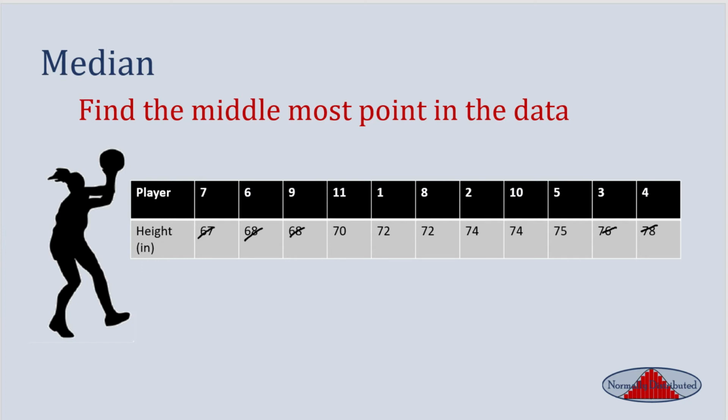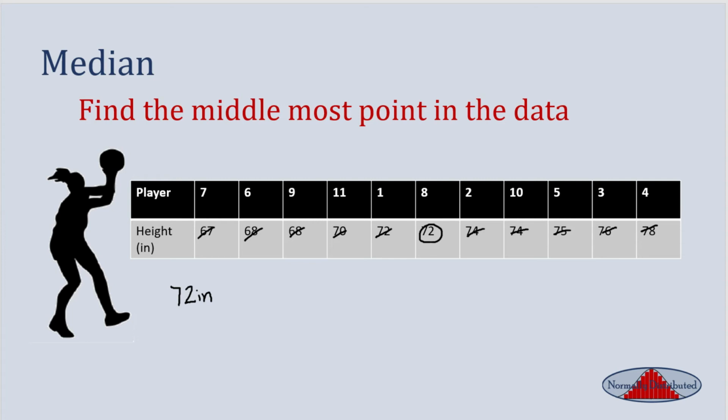Since we have an odd number of players, this actually makes it very easy because we have one data point in the middle, which is 72 inches. If you do this method and you cut through the numbers and you're left with two numbers, what you actually do is you take the average of those.